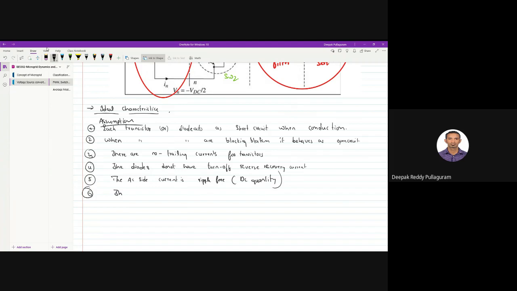And lastly, the change in switching states is instantaneous. It means it can turn on and turn off instantaneously without any lag or delay, that is, conduction mode to blocking mode or blocking mode to conduction mode.